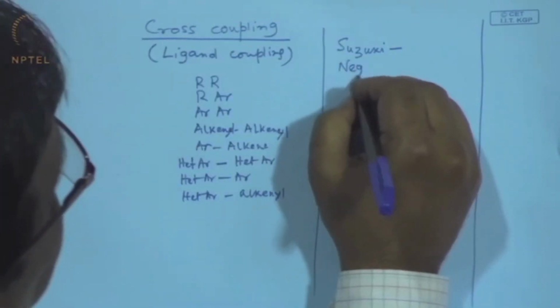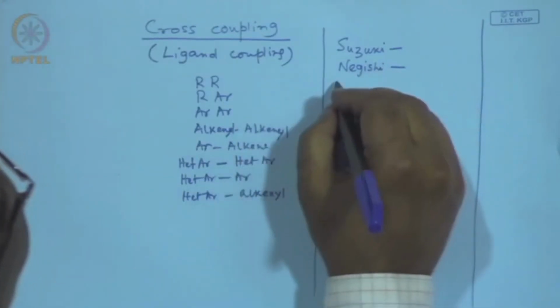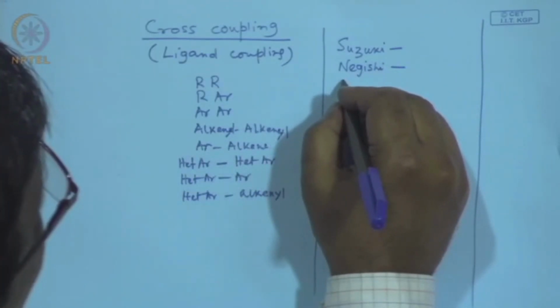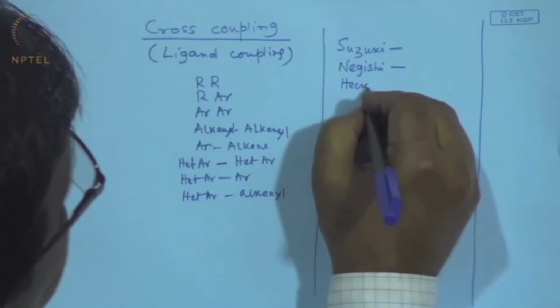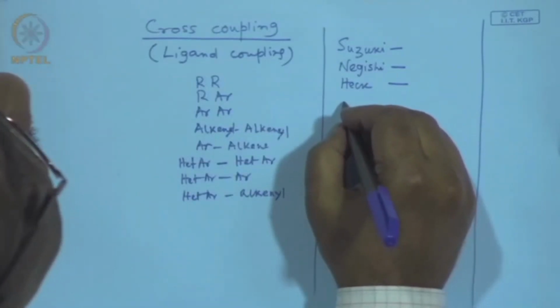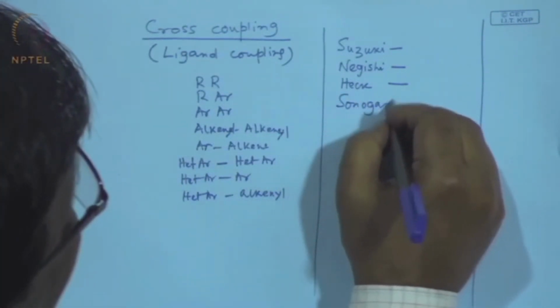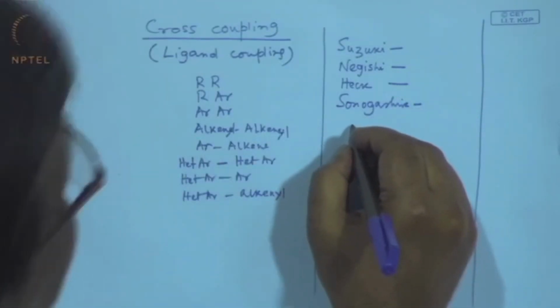Okay, Suzuki coupling. Next most, which one you think? I would say Negishi. Next. Okay, Heck. Next. Okay, I will take Sonogashira. Okay, Stille.